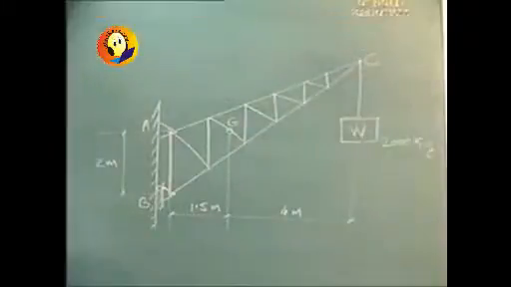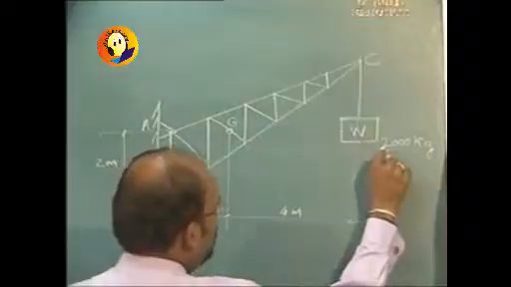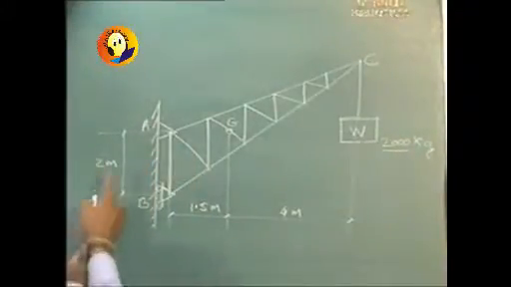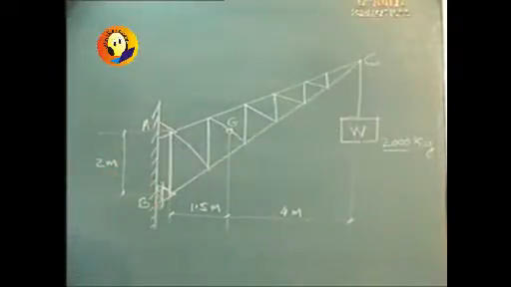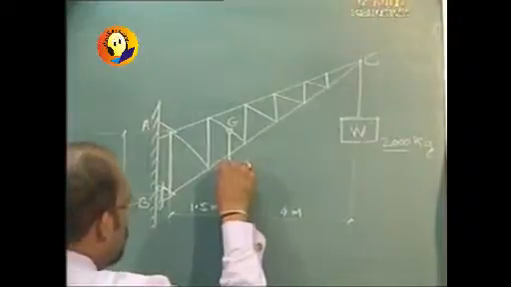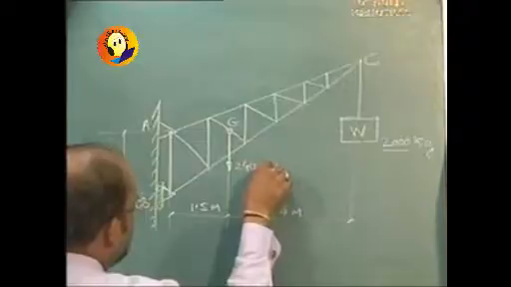Some application problem. It is given that some crane is lifting a weight of 200 kg. Support A is the hinge support, support B is the roller support, and the weight of that particular crane, which is not shown in the figure, was given to be 2400 kg.